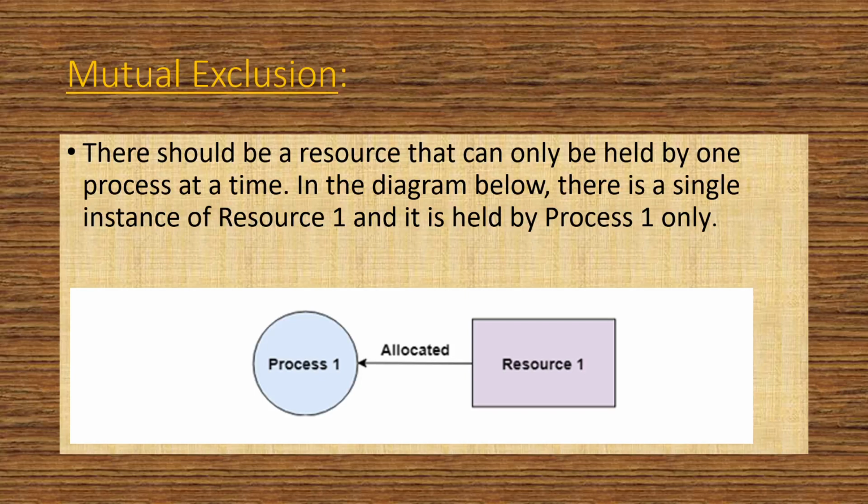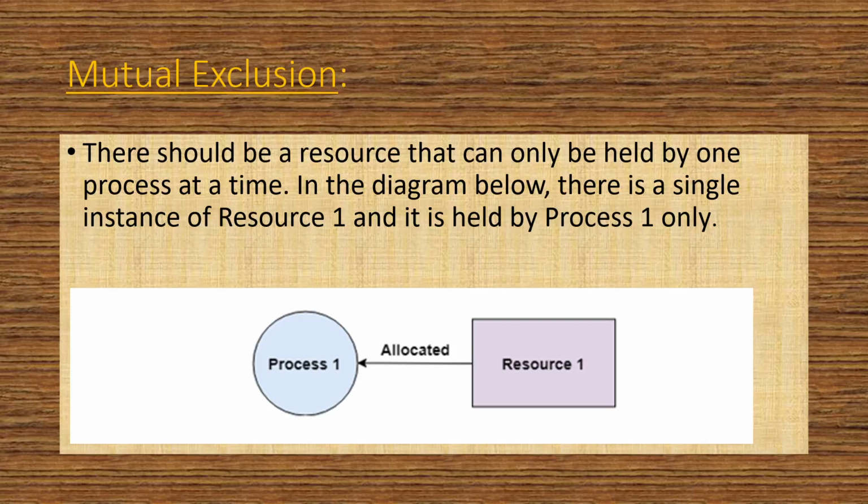So if mutual exclusion occurs, then there is a possibility that deadlock may occur. If we eliminate mutual exclusion, we can avoid deadlock in the system. There are chances of deadlock because of mutual exclusion.